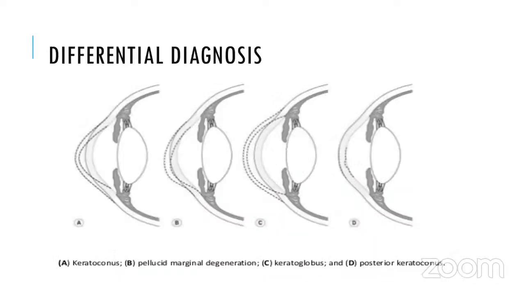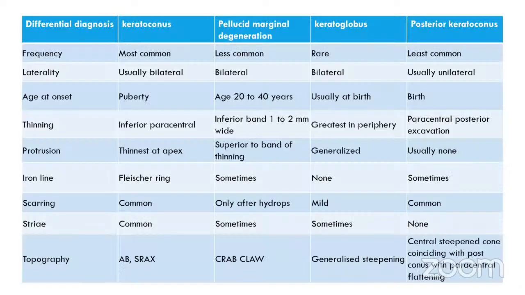Then coming to the differential diagnosis of keratoconus, the similar conditions are pellucid marginal degeneration, keratoglobus, or posterior keratoconus. Here it shows the differentiation between all the four conditions. The frequency is most common in keratoconus and the other three are relatively less common.